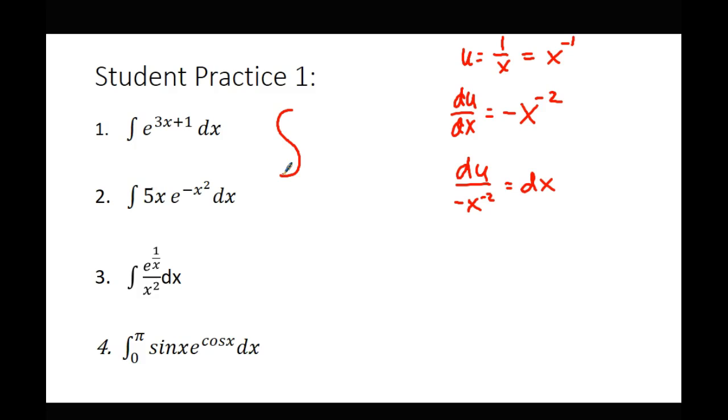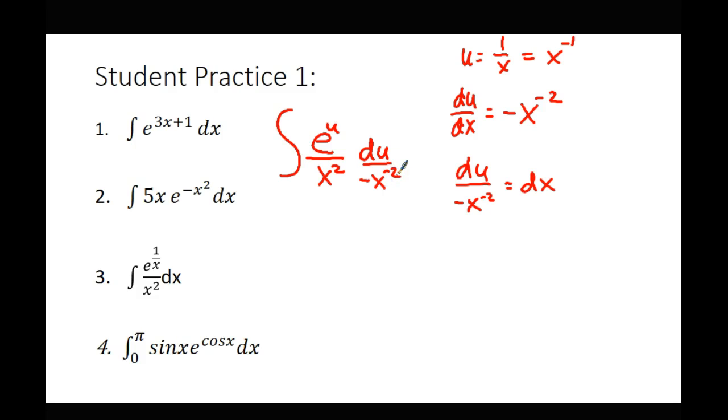Yeah, because we're just swapping them, right? So actually, if you wanted to make it positive, that would bring it to the top. But anyway, so we have e to the u, and we have x squared, right? And then we have du over negative x to the negative 2.